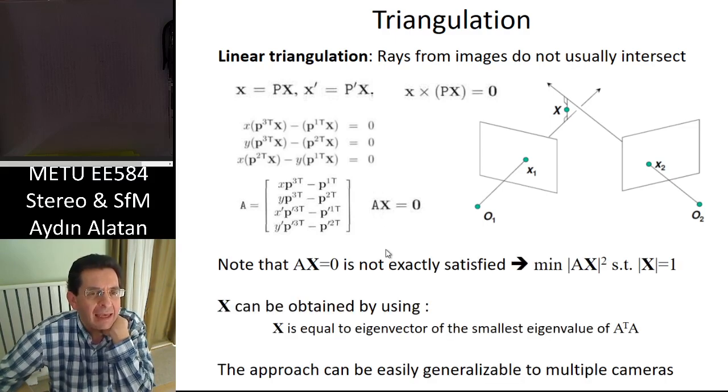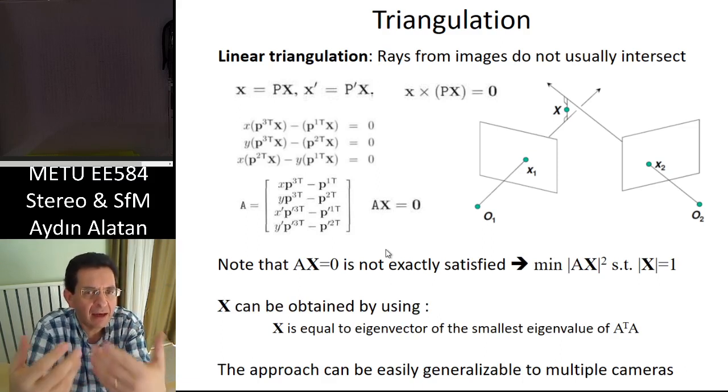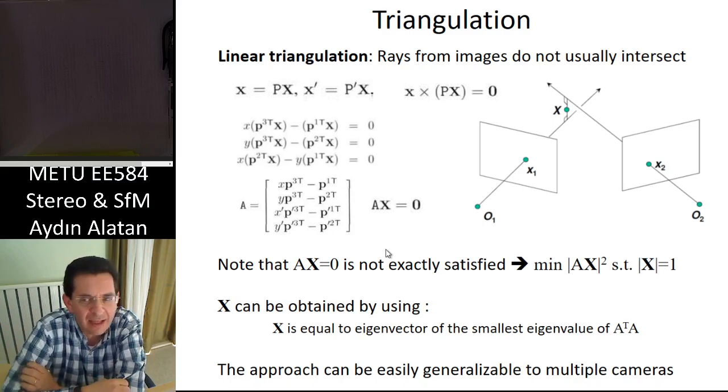Sometimes, due to noise, AX equals 0 is not exactly satisfied. Therefore, you prefer to have the magnitude squared of AX minimized rather than exactly equal to 0. But obviously X equal to 0 is a trivial solution.